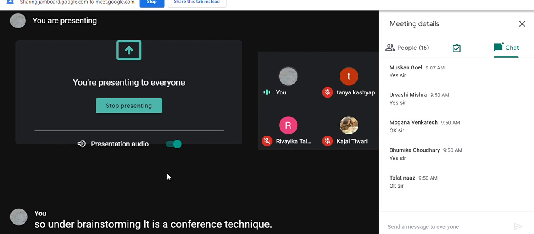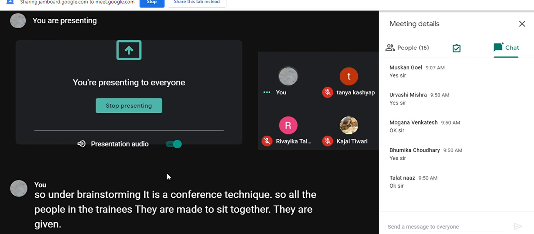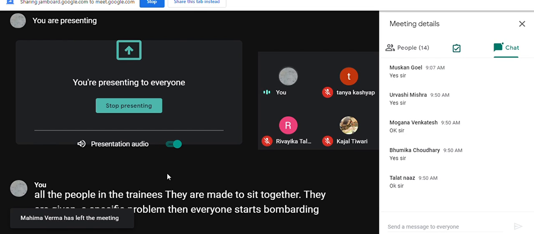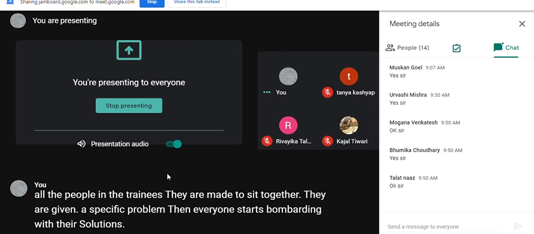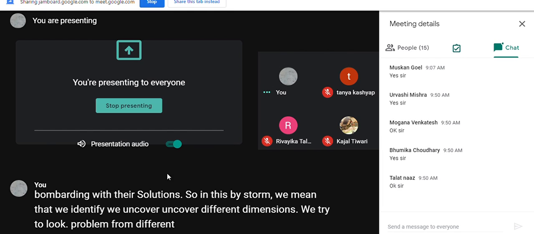So all the people, all the trainees, they are made to sit together. They are given a specific problem. Then everyone starts bombarding with their solutions. So in this by storm we mean that we uncover different dimensions. We try to look at the problem from different dimensions because everyone is asked to provide solutions.